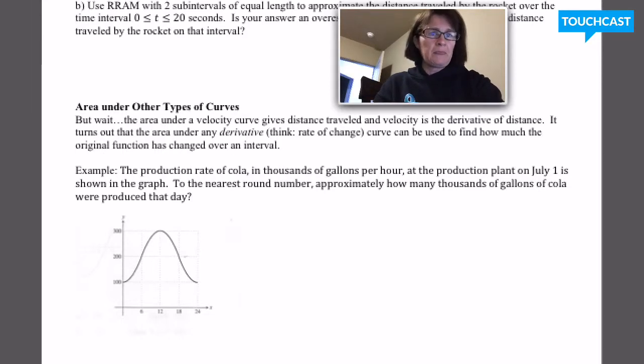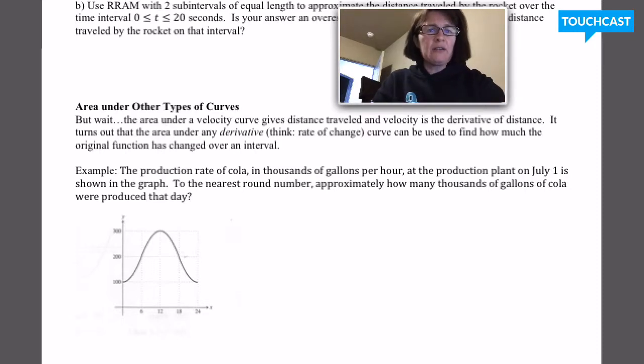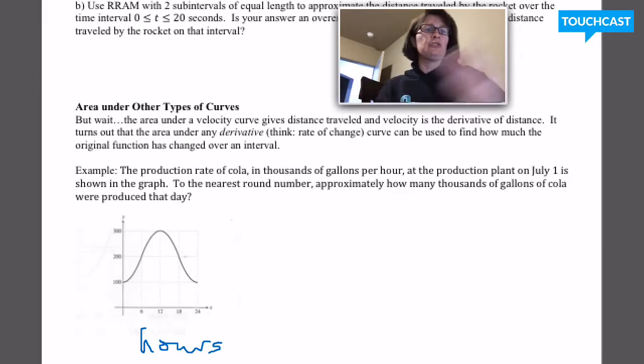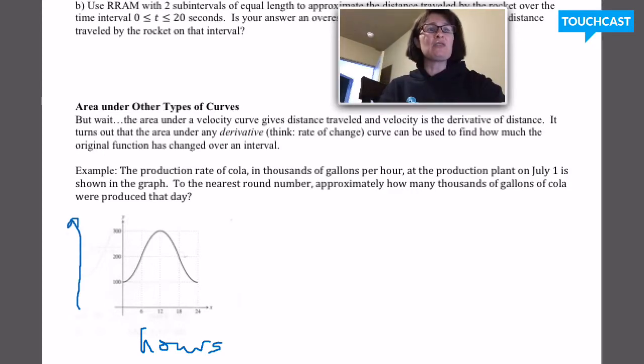So notice here along the input axis, you can see if that's an S or a T, this is measured in hours. Hour 0 is midnight on July 1st to 24 hours later, 11:59 on July 1st. And the outputs are measured in thousands of gallons per hour. So gallons per hour times 1,000.